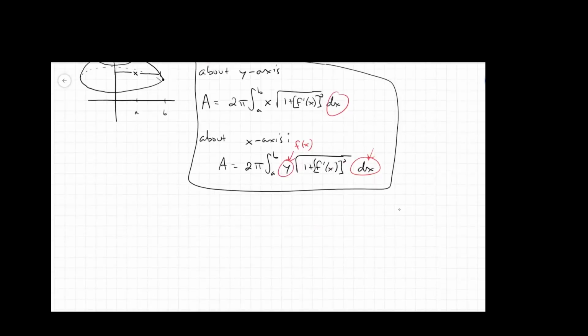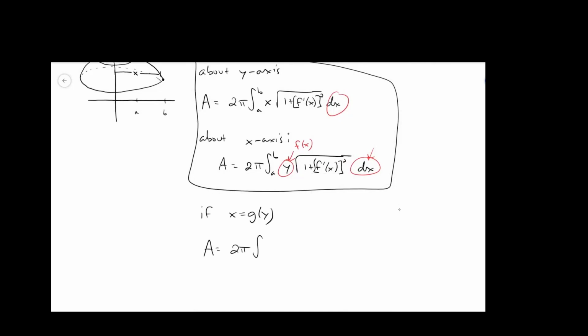What if, on the other hand, you have the function defined x equals g of y? Well, then things change. If x equals g of y, then it's still really almost the same, except now we're going to be putting a dy on the end of this thing. And in fact, let me just do this about the x-axis.